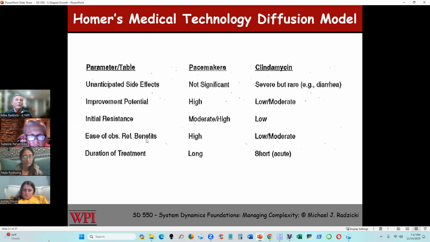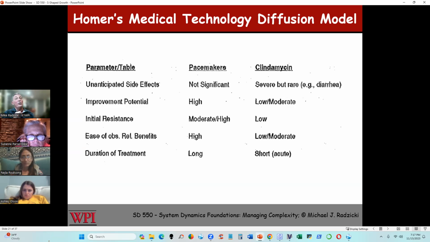How easy is it to observe relative benefits? Easy with pacing. The guy can't get out of his chair. Now he can. Versus, okay, I put this on your cut and your cut healed. Yeah, but if you put Neosporin on it, it would have healed. Okay. Duration of treatment, rest of your life, long for pacing, short and acute for the antibiotic.